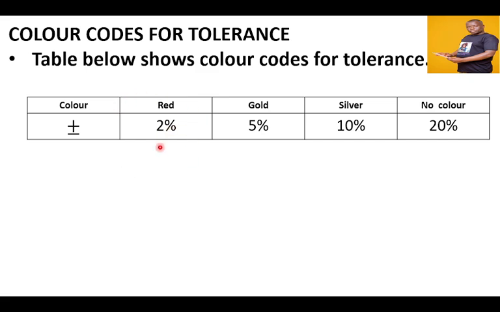So the resistance that you calculate, you add plus or minus 5%. If the color is silver, we will have to add 10% to the calculated resistance. But if there's no other color at the end, then you add 20%.